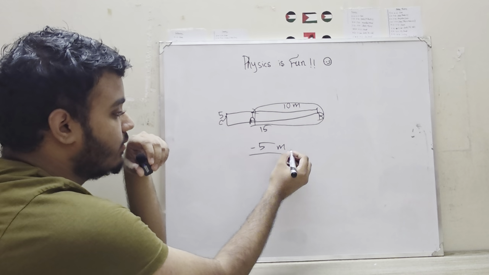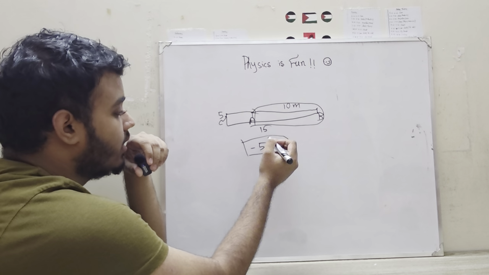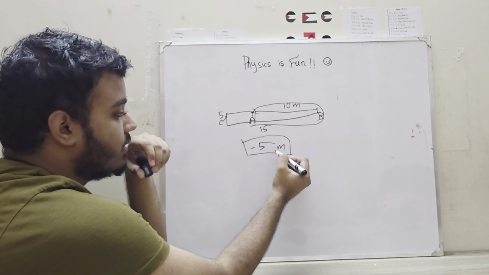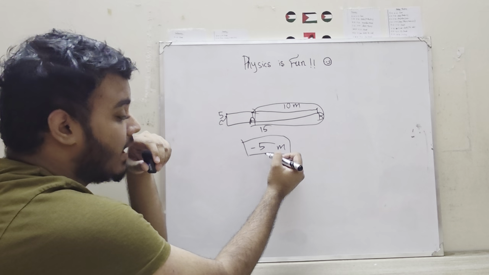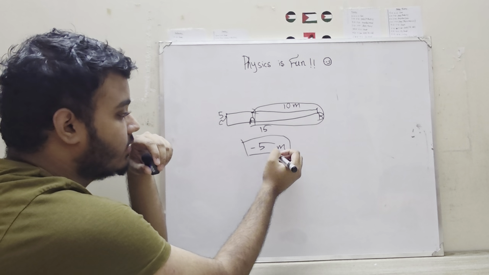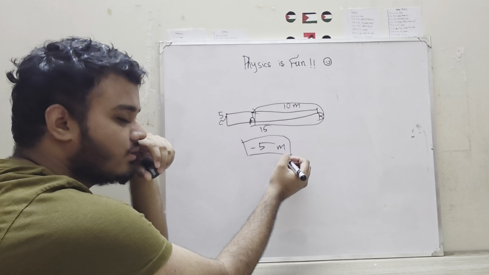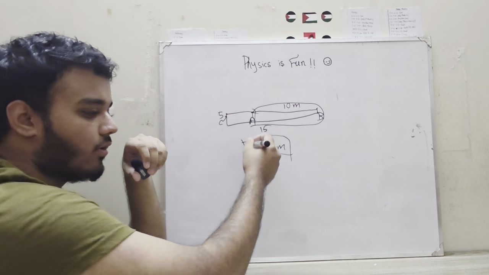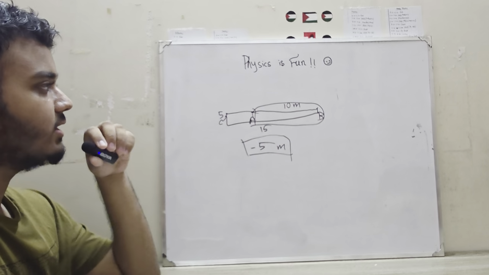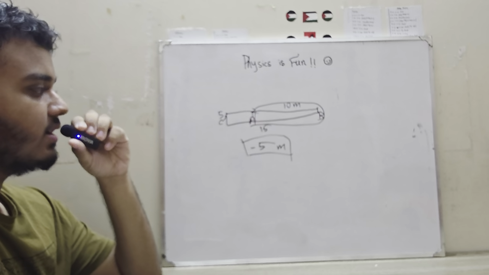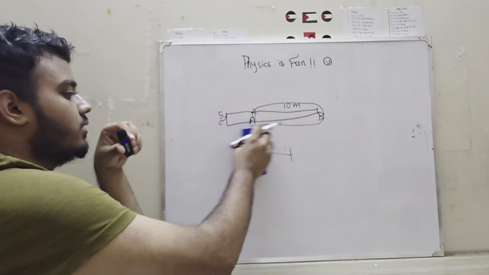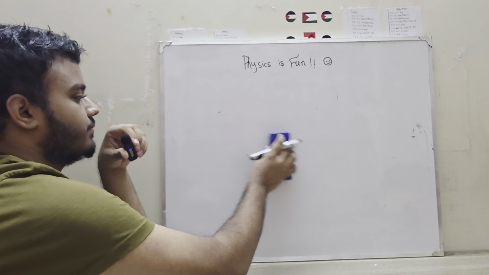So if we need to find the velocity of that object, it will come out to be negative, which means velocity can be a negative value, but speed is always a positive value. So I hope you understand what speed and velocity are. And now move on to acceleration.